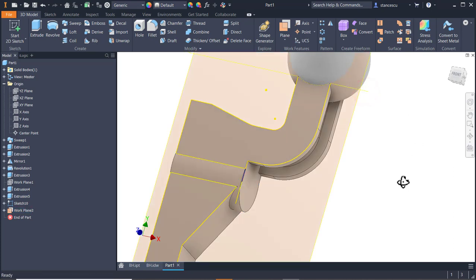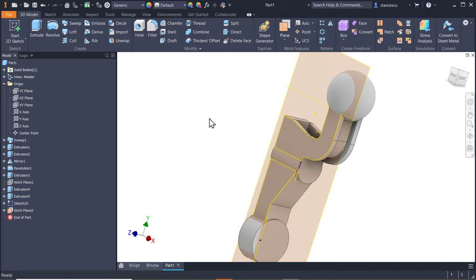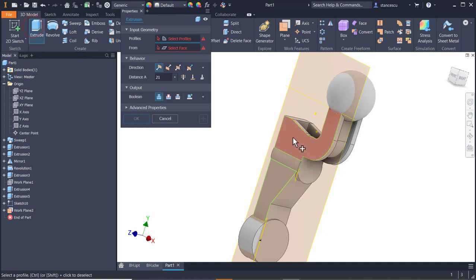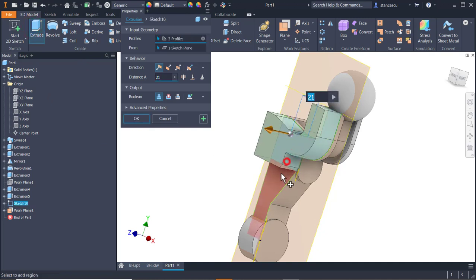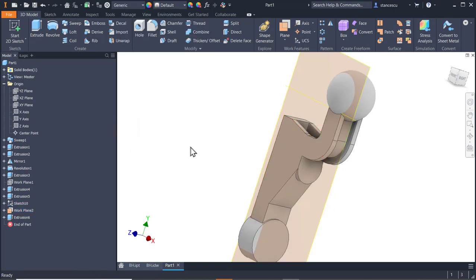Now I have 26 is the distance here, and 28 is here because it's tangent, as in the drawing. So we can now create an extrusion of this, this and this to this plane. Okay, now you don't see here any bump or other problems.